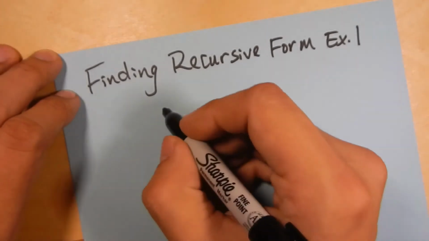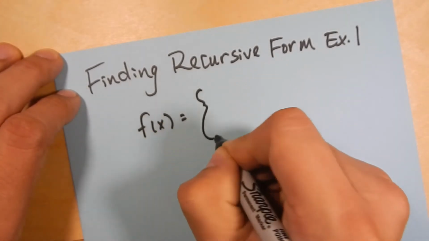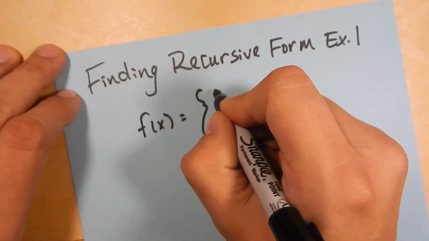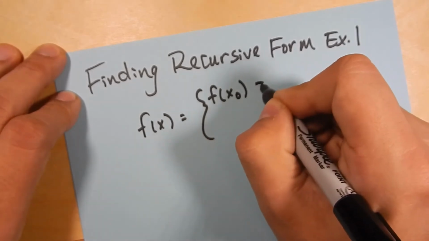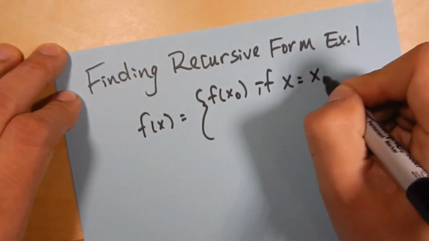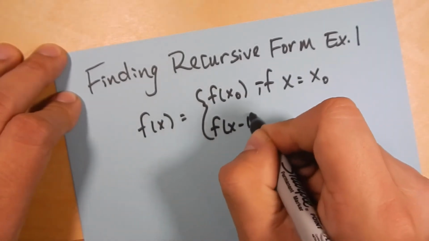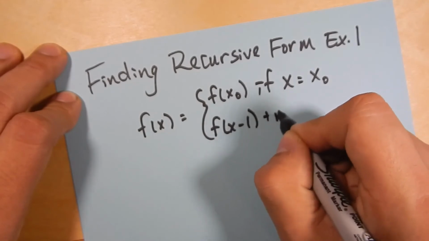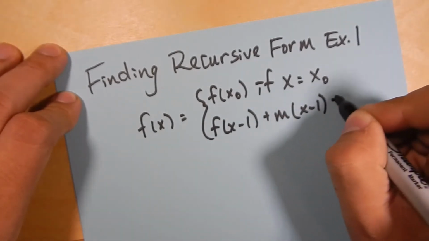So like we had before, f of x is this curly Q guy. What do we have? F of our first output, if x is our first input, and then our previous output plus m times the previous input plus b.